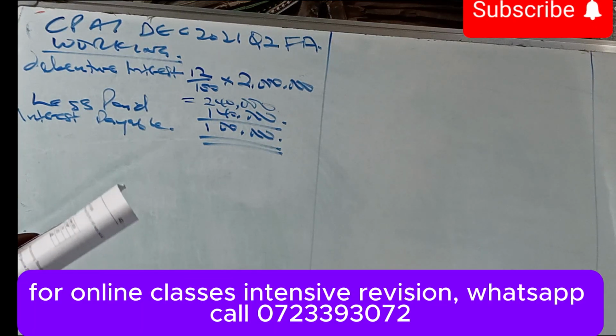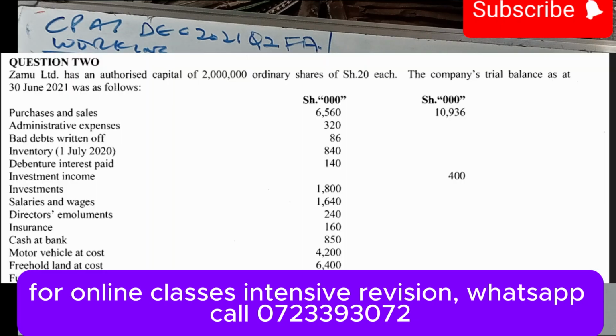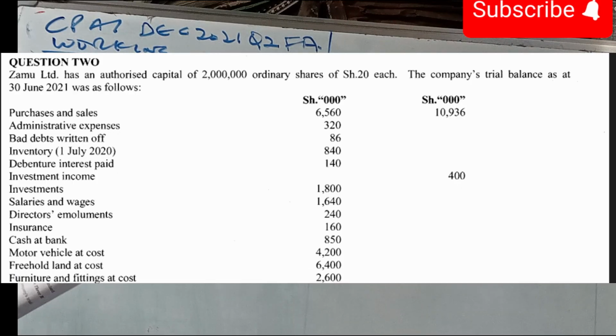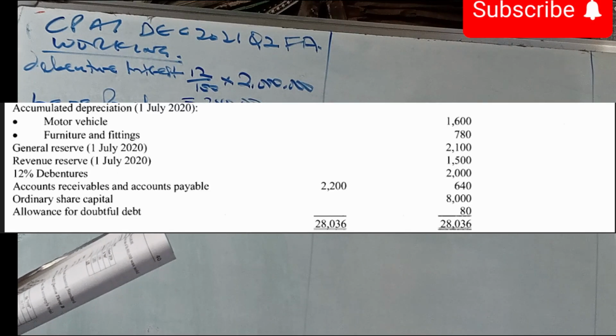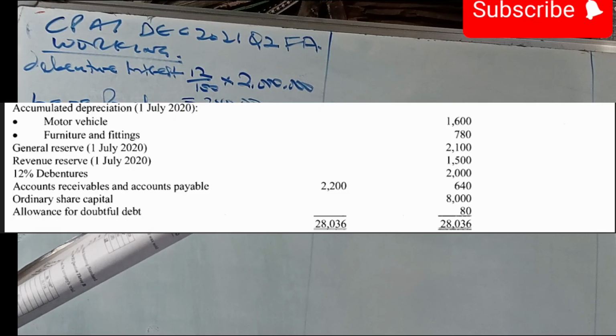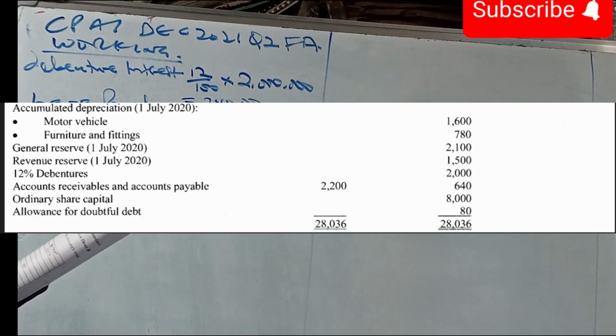Then we are told investment income, and then we have an investment as an asset. Salaries and wages, directors' emoluments, insurance, cash at the bank, motor vehicle, freehold land at cost, furniture and fittings, accumulated depreciation, general reserve, revenue reserve, 12% debentures, accounts receivable and accounts payable, ordinary share capital, and allowance for doubtful debt.